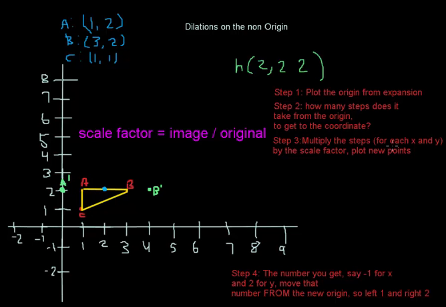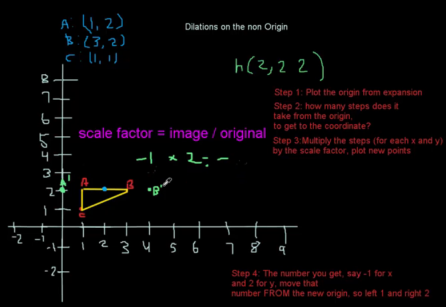For x, -1 times the scale factor of 2 is -2. If it were positive it would go up, but in this case it's just going down 1. For y, -1 times 2, the scale factor, also gives us -2.